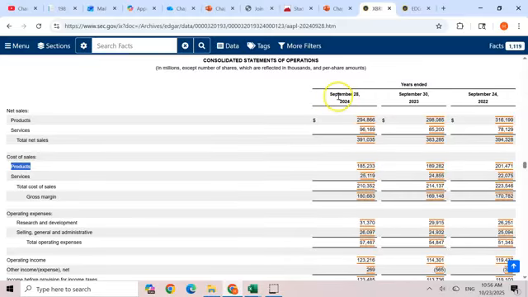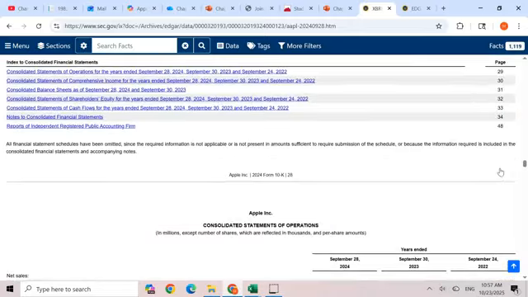So in this year, if they made a change to their inventory method, they would have to reflect their new cost of goods sold, but they would also have to change this number from the prior year and the prior 2 years to reflect that change as well. They have to report the cost of goods sold as if the new method had already been in place and used.